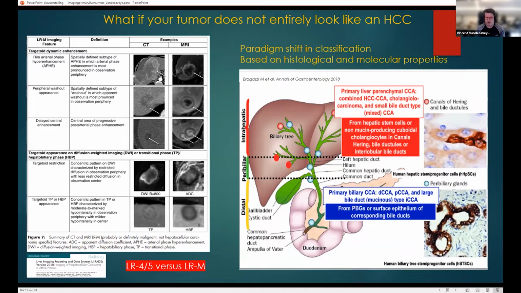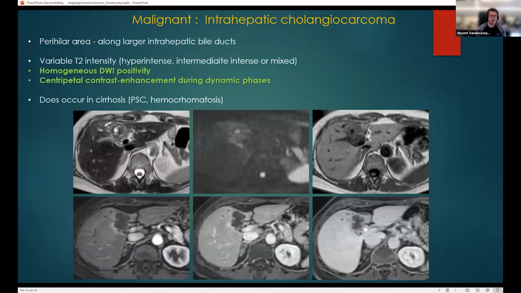For primary liver cancers, we are going away from the location of the tumor in the liver, but rather to its histological and molecular properties. So of course we don't see that. We collaborate with pathologists to find solutions and to find surrogate markers on the MRI for these cholangiocarcinomas, but especially mixed tumors and keratin 19 positive hepatocellular cancer.